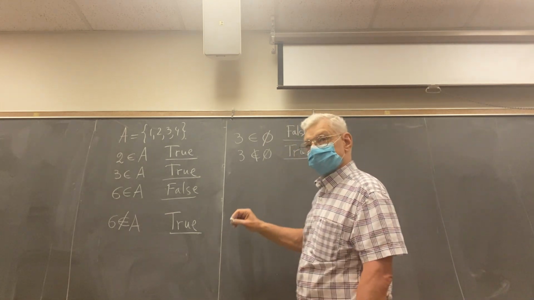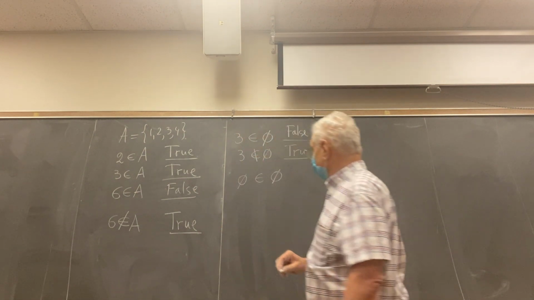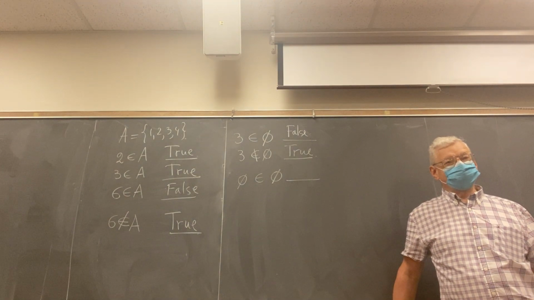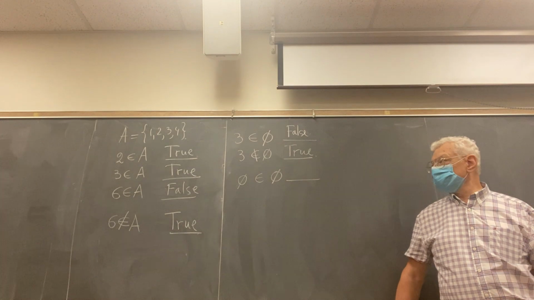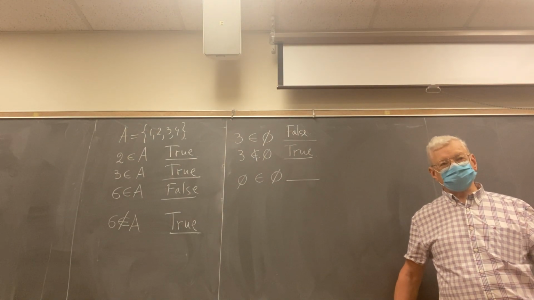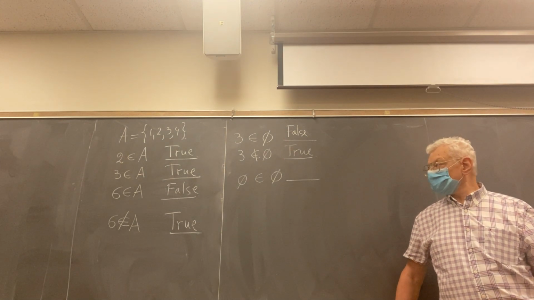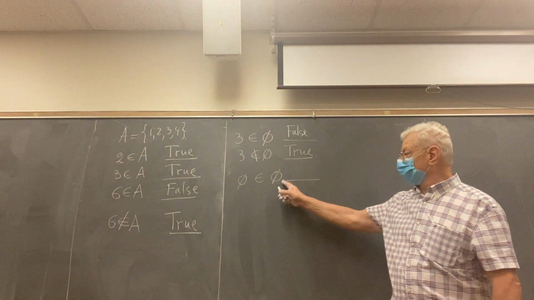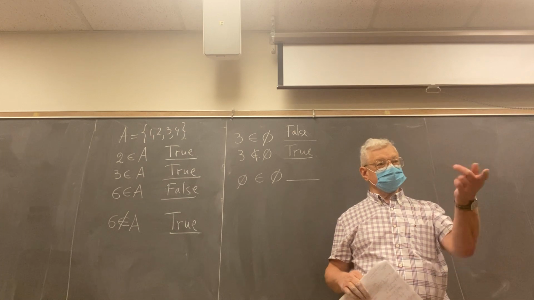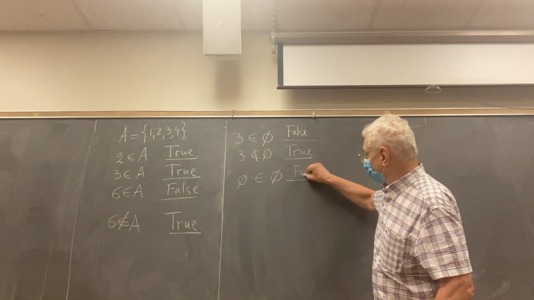How about that one? It's a tricky question. True or false? So basically you're asking whether the null set belongs to the null set. It's better to pronounce it empty set. Does the empty set belong to the empty set, or not? No, false.